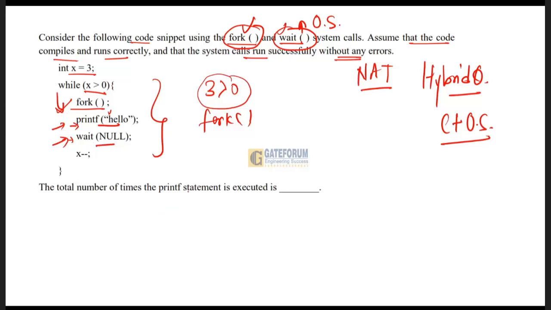So the loop iterates 3 times, because you know that this particular parent method has 1 and 2 and 3. This loop will iterate 3 times for the value of x, because the value of x will be 3 greater than 0, true, after that 2 greater than 0, and after that 1 greater than 0, then 0 will be there which is not greater than 0.